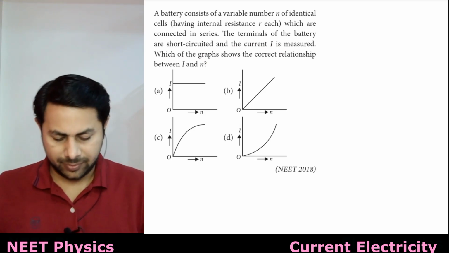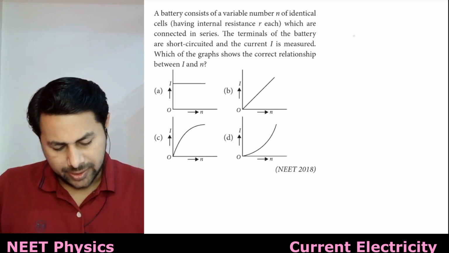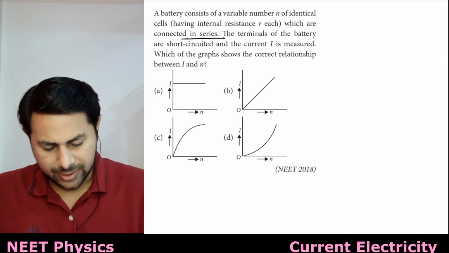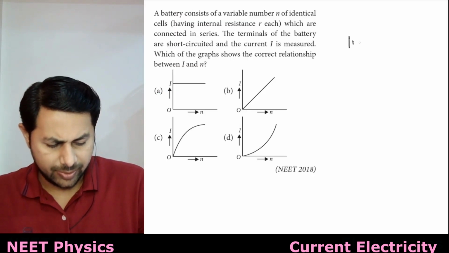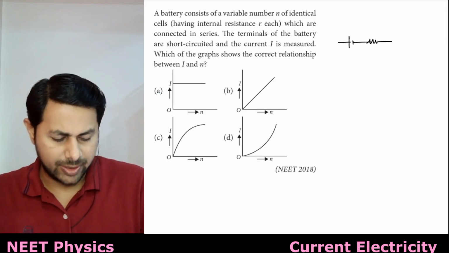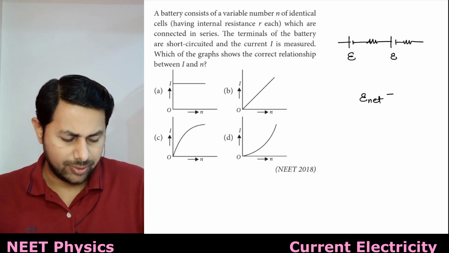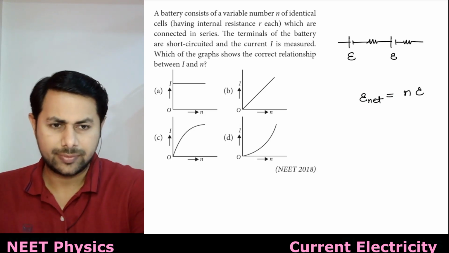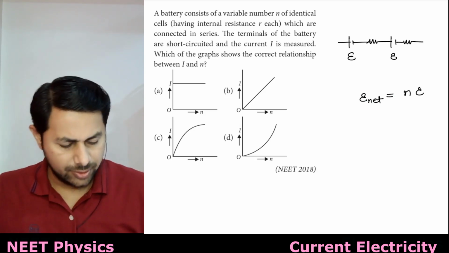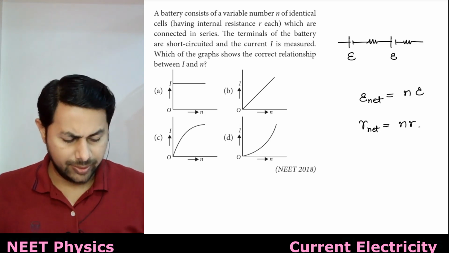It's option A, and that's correct. Because if you connect n number of cells in series, first cell, then second cell, and so on, what will be the EMF? The net EMF would be equal to n times E. And the net resistance will be n times r.